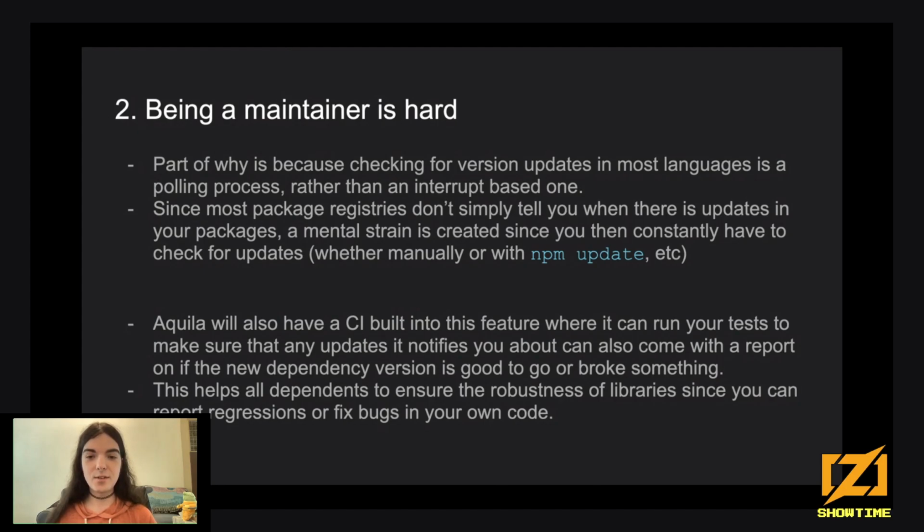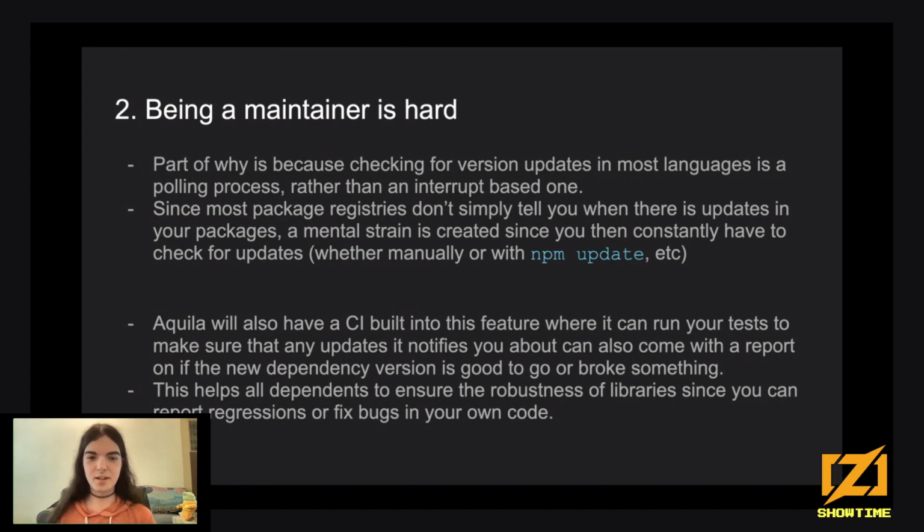And then down the line, I also want to have a CI feature. So if your project, whether it's a library or an end application, defines tests, it can run them for you, and then in a dependabot kind of style, say, hey, here's a new version. We already ran your tests. We know it works.